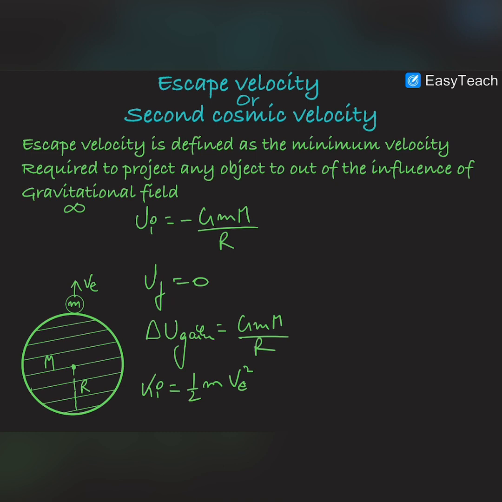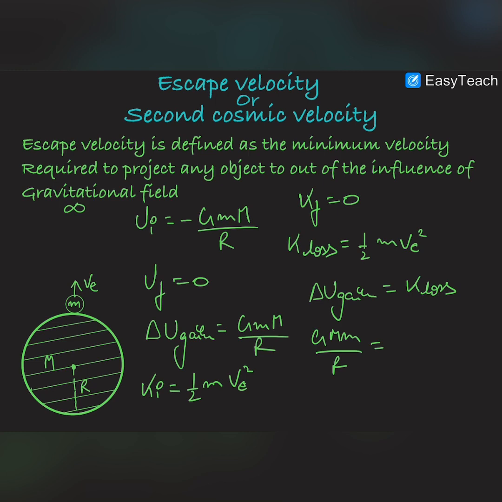And just reaching means that its velocity may become zero at infinity, so the final kinetic energy would be zero. So the loss in kinetic energy will be equal to half m v_e square, and U gain will be equal to K loss. So GMm by R will be equal to half m v_e square, and therefore v_e is equal to under root of 2GM by R.